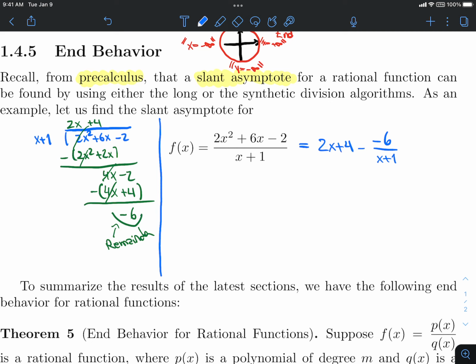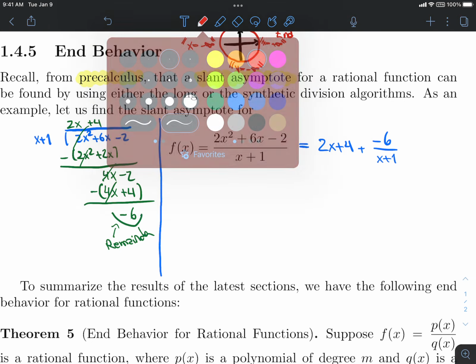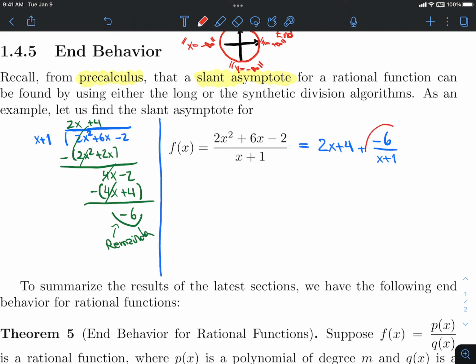This means that when x becomes larger and larger, this is very close to 0. Regardless of whether x is positive or negative, this approaches 0 when x goes to either plus or minus infinity, doesn't matter.